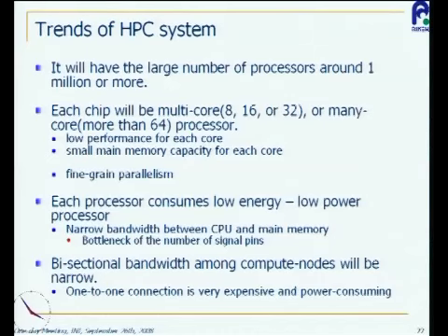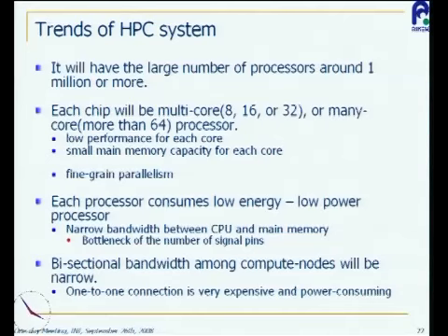So HPC systems will have a large number of processors, around 1 million cores or more in 5 or 10 years. And each chip will be a multi-core system. Multi-core means there are several CPUs on one chip, one die.